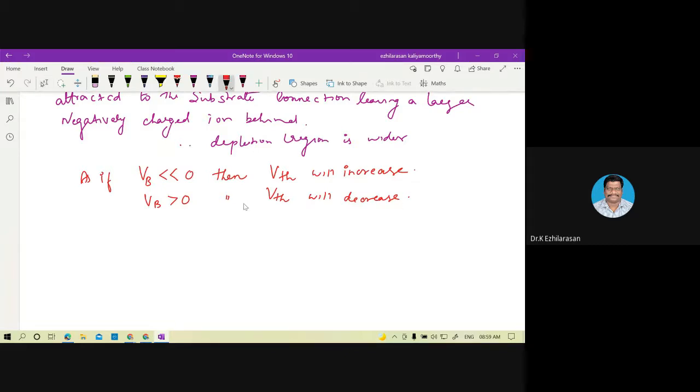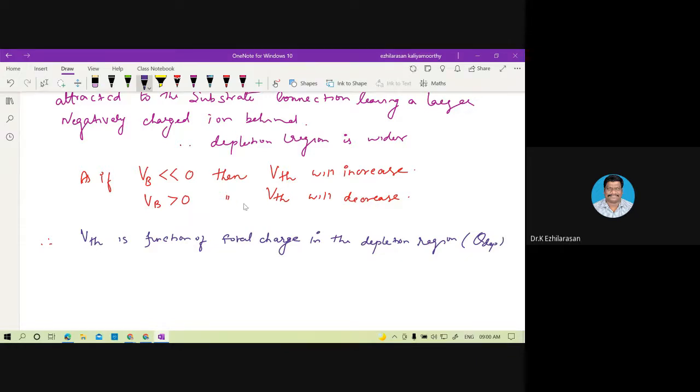So what is the body effect here? The threshold voltage VT is a function of the total charge in the depletion region, Q dep.